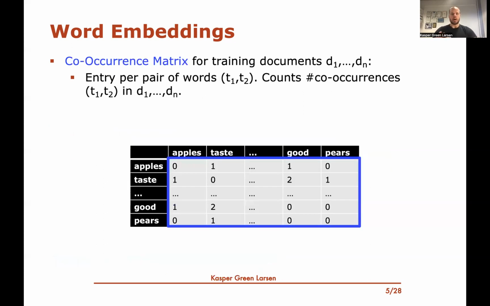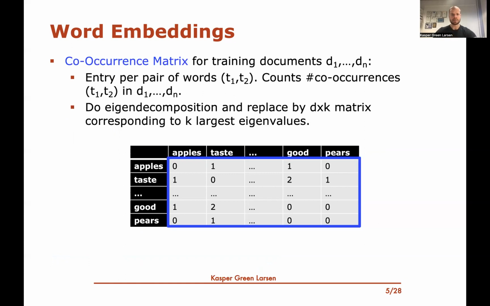So, okay, and then we saw the co-occurrence matrix. I'm going a little fast since we already saw this in the last couple of videos. We have these training documents, and then for every pair of words, we count how many times these two words occur together inside a small window. These were the so-called co-occurrences, and we count this in the matrix. The naive representation was then to represent a word by the corresponding row, and that would be the vector representation.